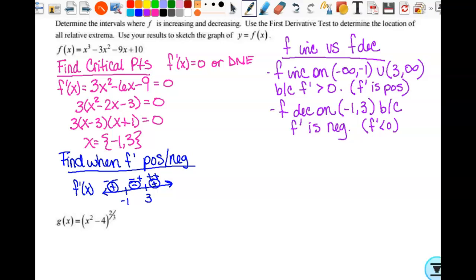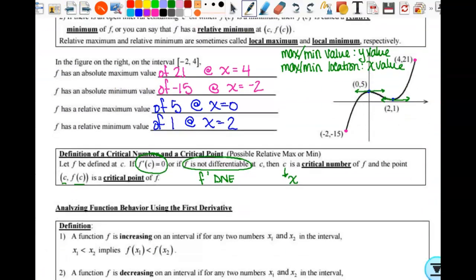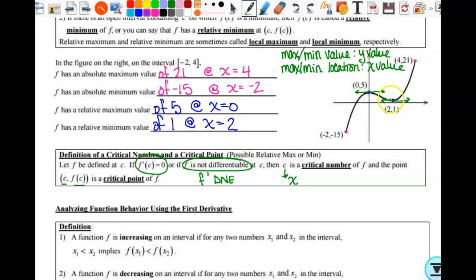Okay. So we did the increasing, decreasing. Then it says first derivative test, location of relative extrema. What is that? Remember, we didn't talk about the first derivative test yet, but if I have these critical points, look back here. These critical points, what's the slope of the tangent line at those points? 0.